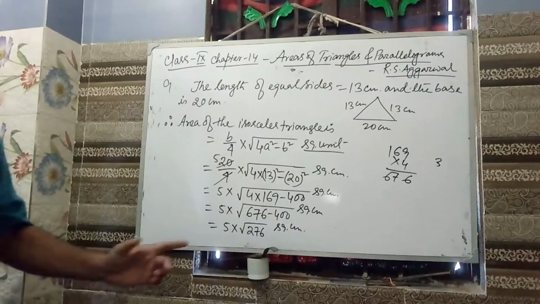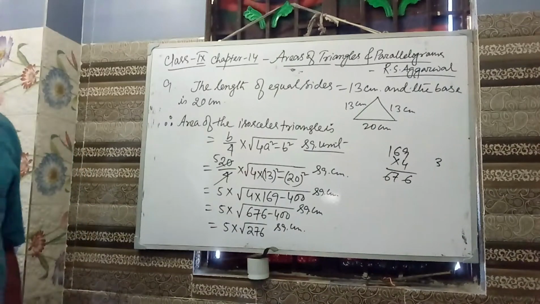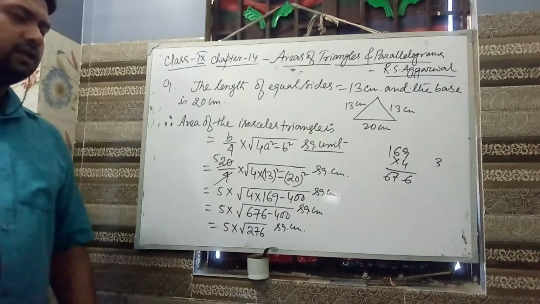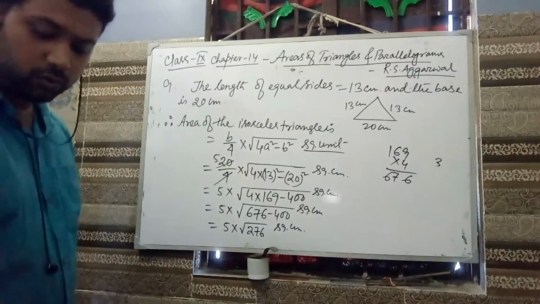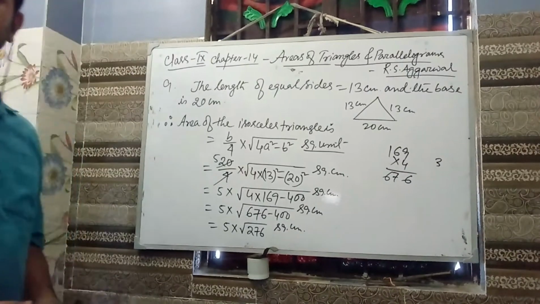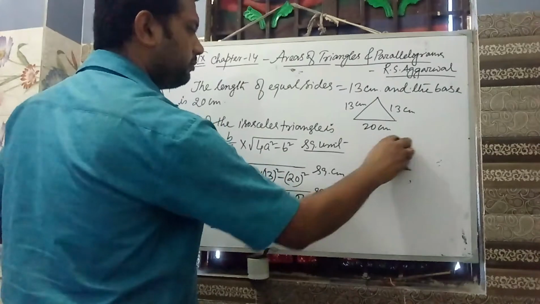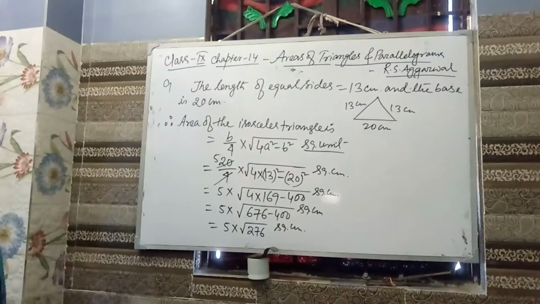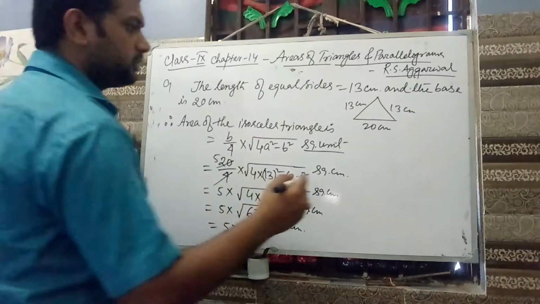Now look, 276, that is not a perfect square number. So we'll use the long division method of finding the square root of a number, which we had in class 8. Okay, long division method.